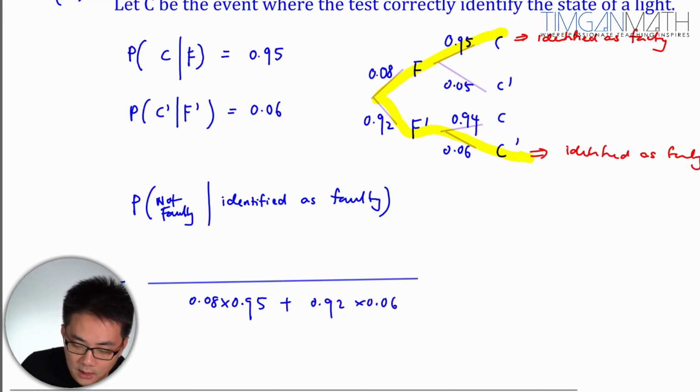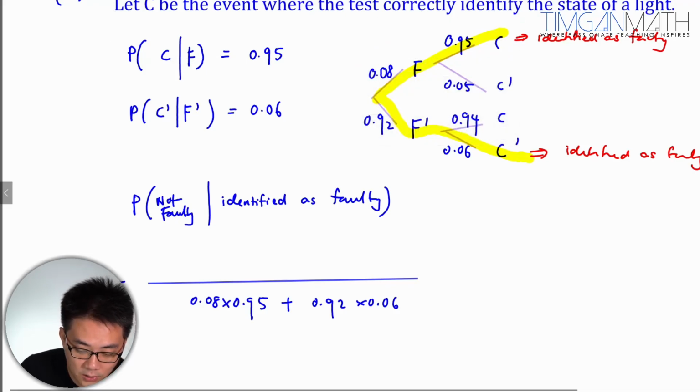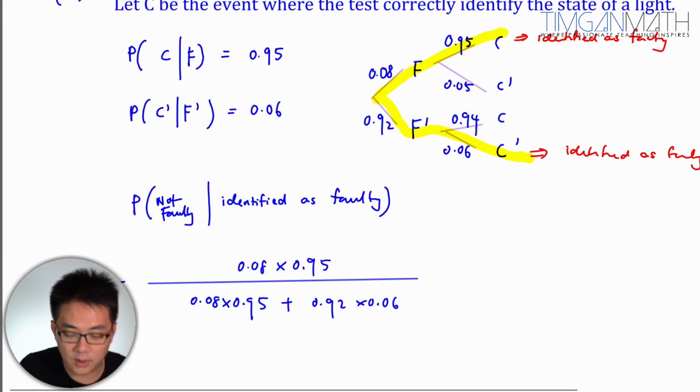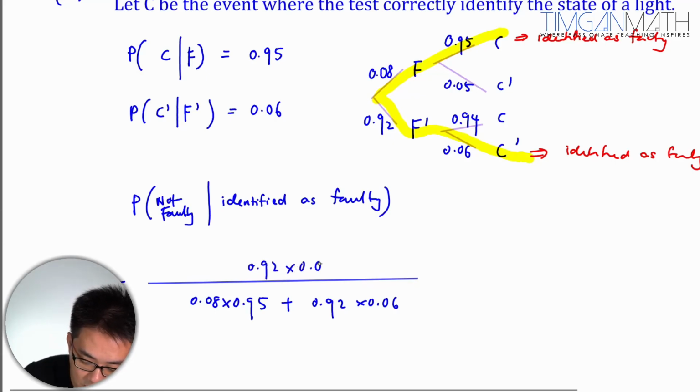Then after which you think about not faulty and identified as faulty, which is this branch. Out of these two branches, this is the only branch you are talking about for not faulty, which is F prime. So 0.92 times 0.06.